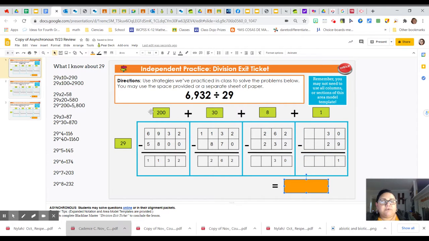So we're going to go ahead and add 200 plus 30 plus 8 plus 1. Those are our partial quotients. So that gives us 239, and we have a remainder of 1. So that means that we have 239 remainder 1, or 239 and 1/29. And that will be the answer for the first problem.